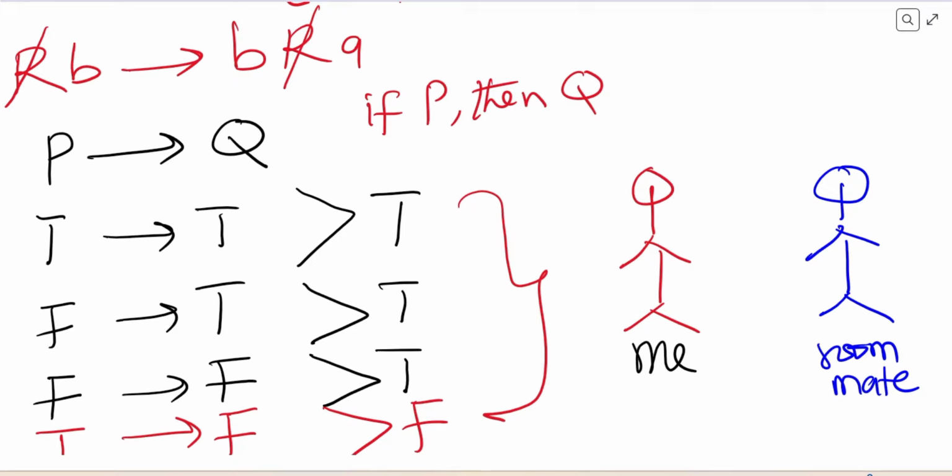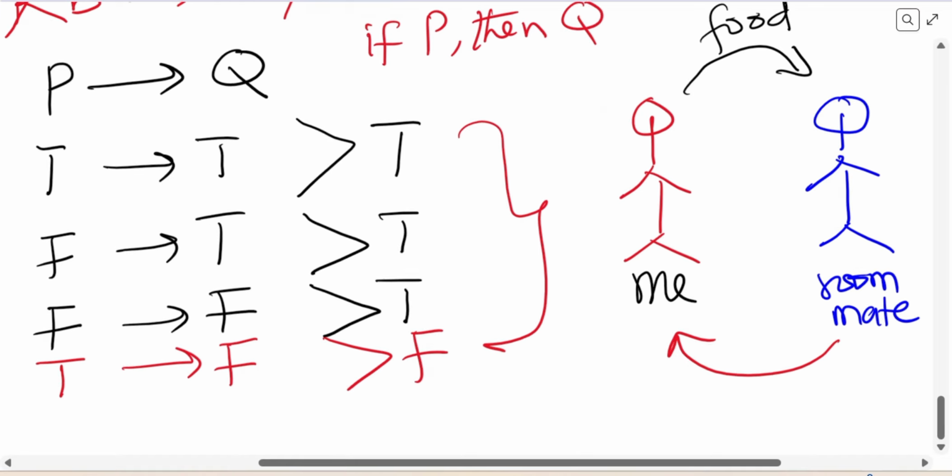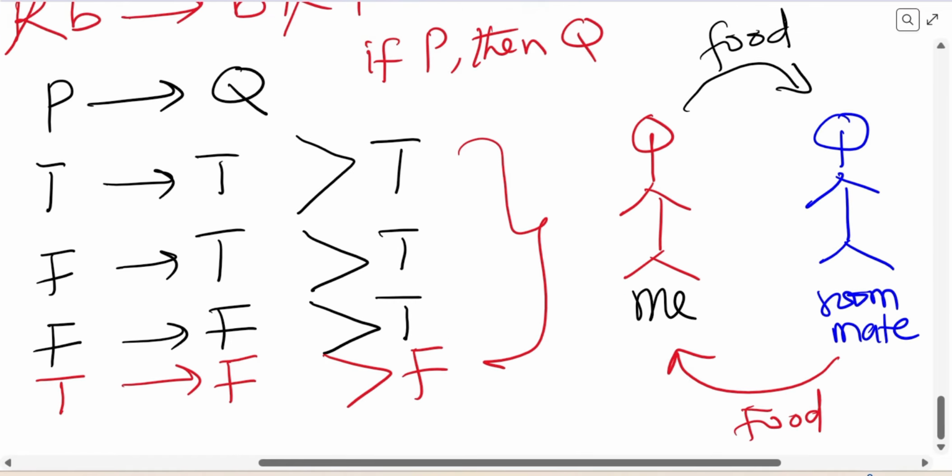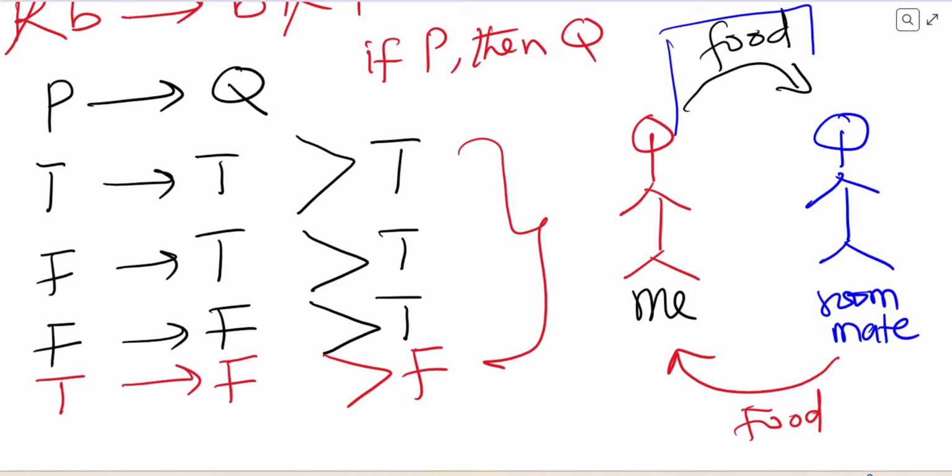If I buy food for my roommate, I expect that he also buys food for me. It means that if I don't buy any food, he also doesn't buy me any food.